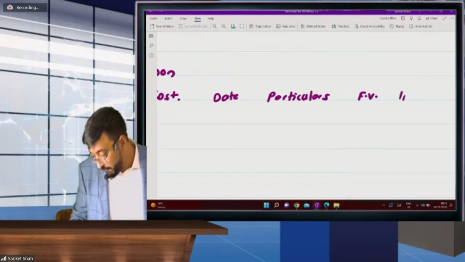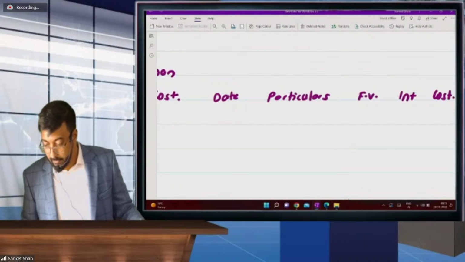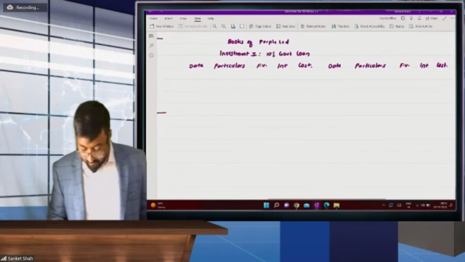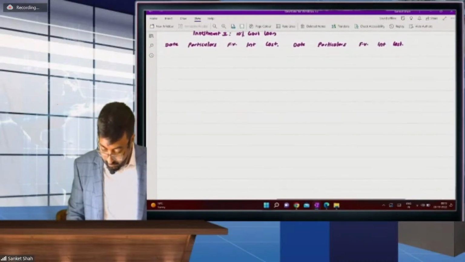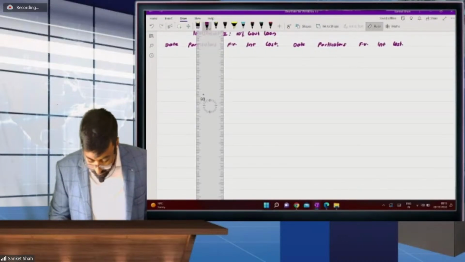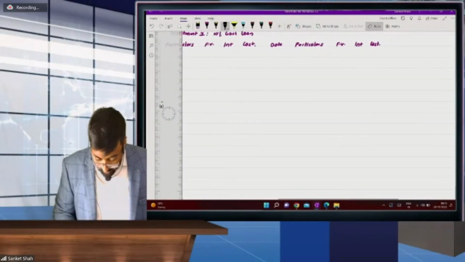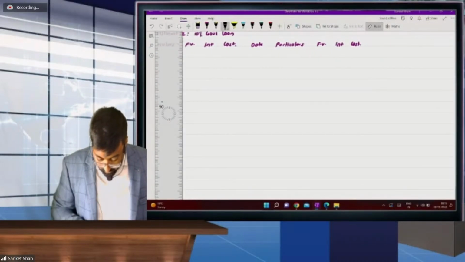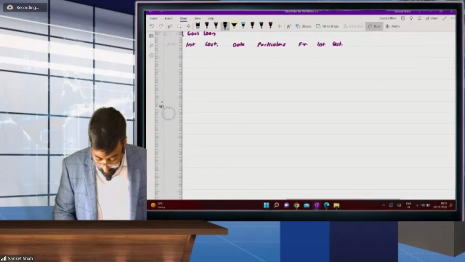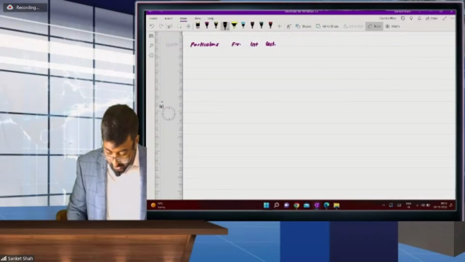It's very easy. Half page, beta, half page.